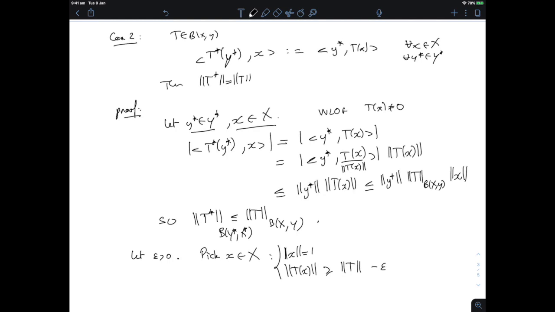That's why I gave myself an epsilon. The norm of T is the supremum of the norm of Tx over all x's on the unit sphere. Now that supremum may not be a maximum, but I'm just taking an x that's close enough to realizing that supremum.